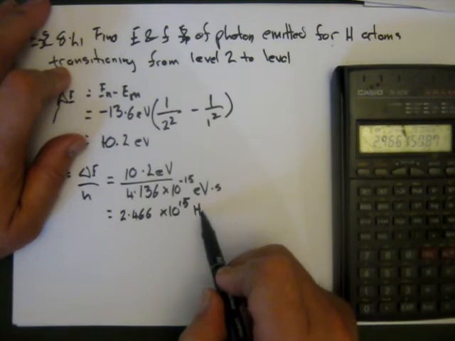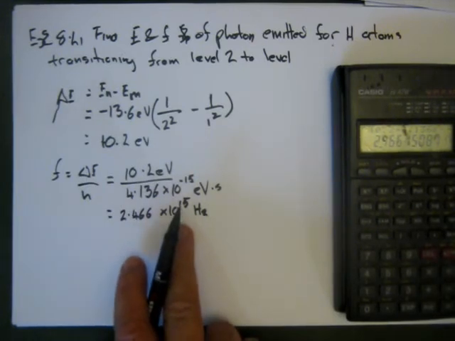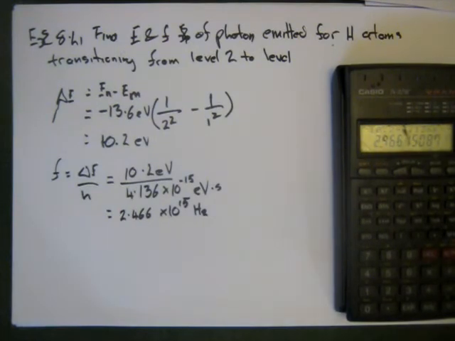And what that means is it's emitting ultraviolet light. Remember, visible light's usually in the 10 to the 14 hertz range. This is 10 to the 15, so it's higher frequency. That's going to be ultraviolet light.